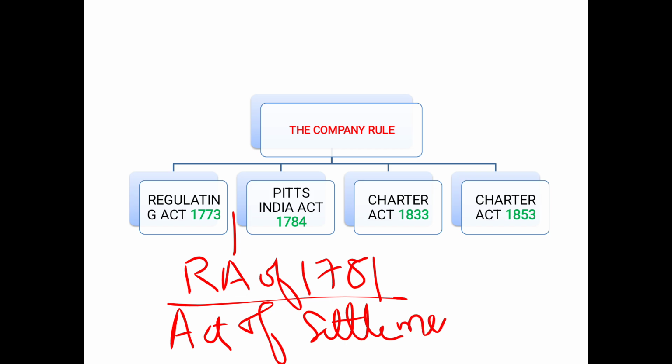After that came Pitt's India Act in 1784. Mark the years: in 1773 it is the Regulating Act, in 1781 also a Regulating Act, then came Pitt's India Act, then the Charter Act of 1833 and the Charter Act of 1853. After that we will have the 1857 revolt.